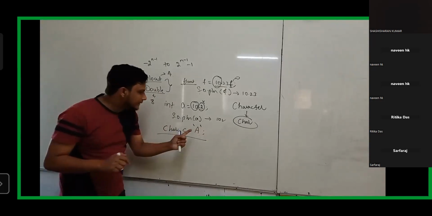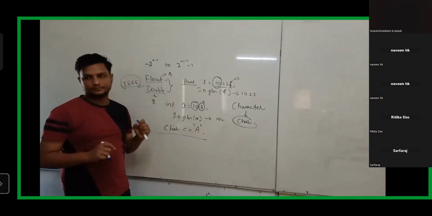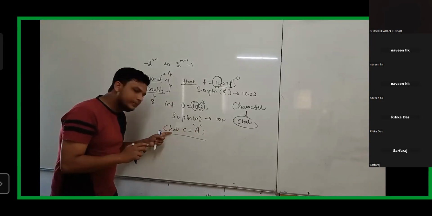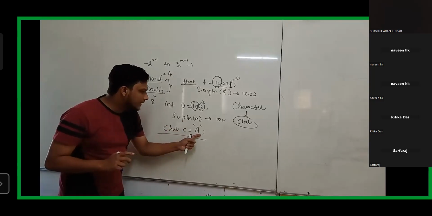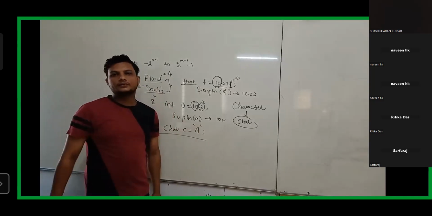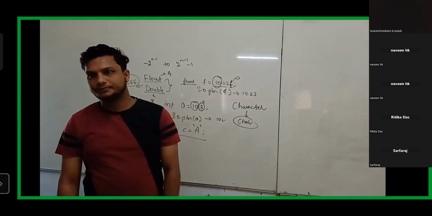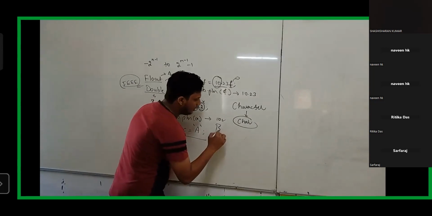But if it is a single quote, then only it will be considered a character. For string, double quotes, and the data type will be string; for a character, the data type is char, and a single letter should be enclosed in single quotes, and only for that we call it a character. Clear? Yes.